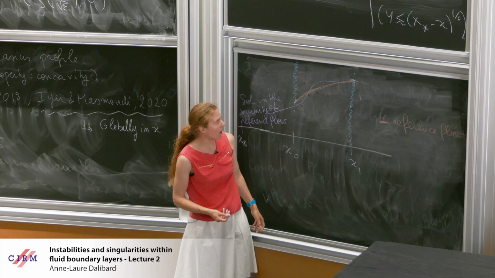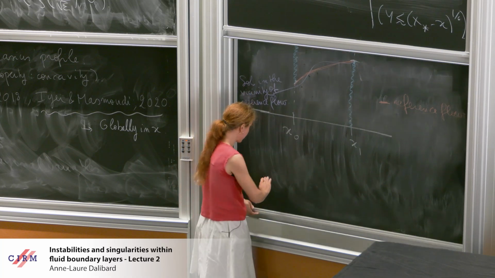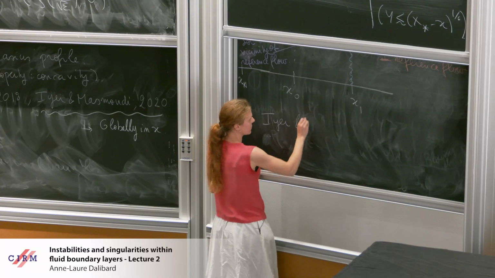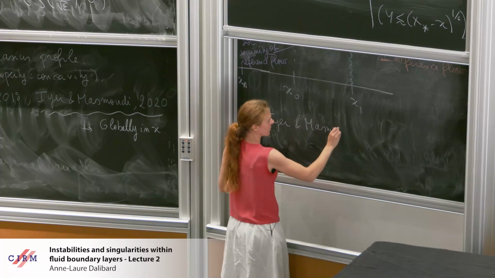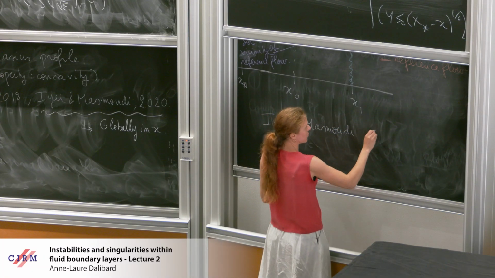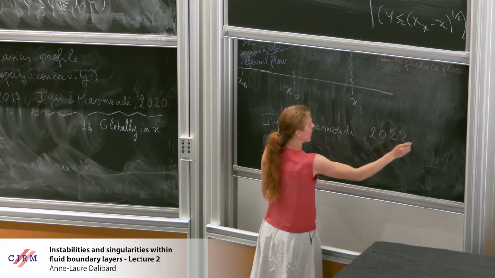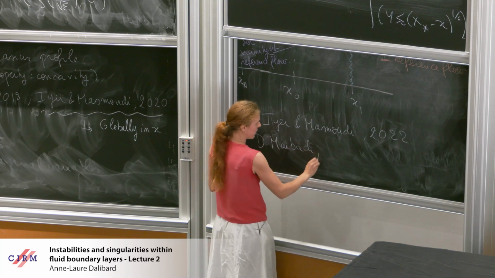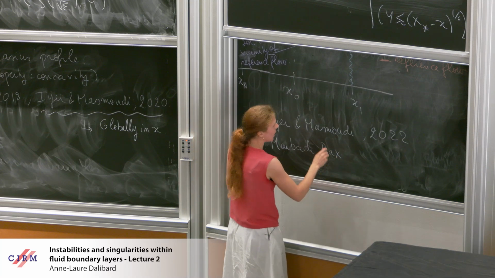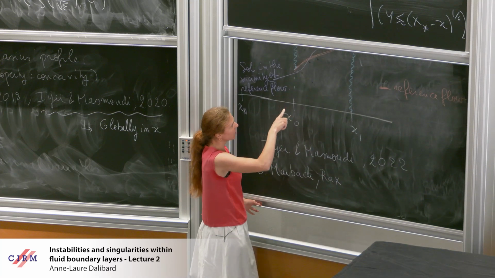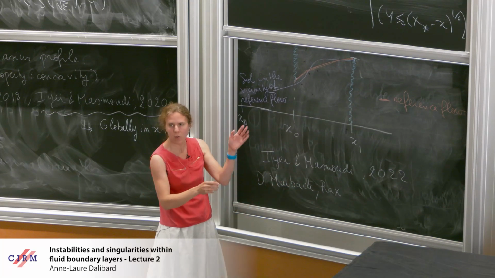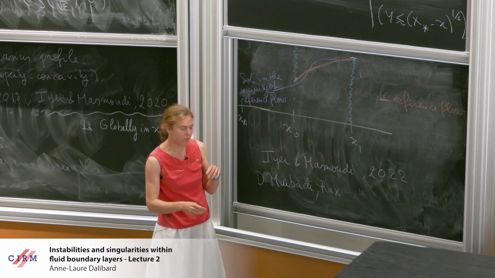So this problem has been studied by Ayer and Masmoudi in 2022. And we, at the same time, also did some work with Frédéric Marbach and Jean Rax on a variant of this model, in which we dropped the bad transport term, the v dy.